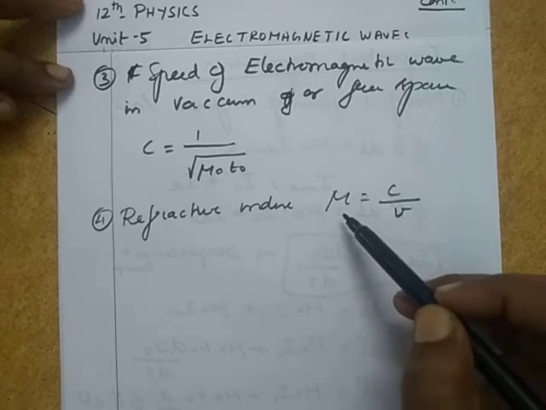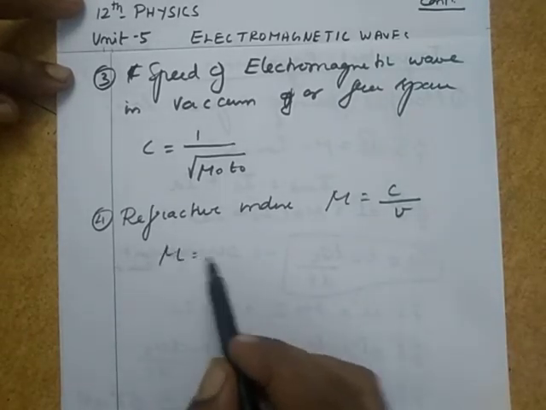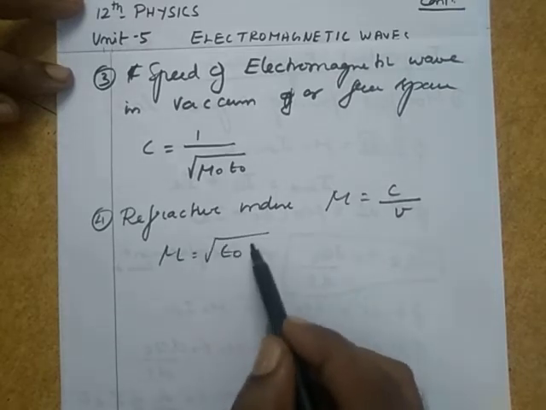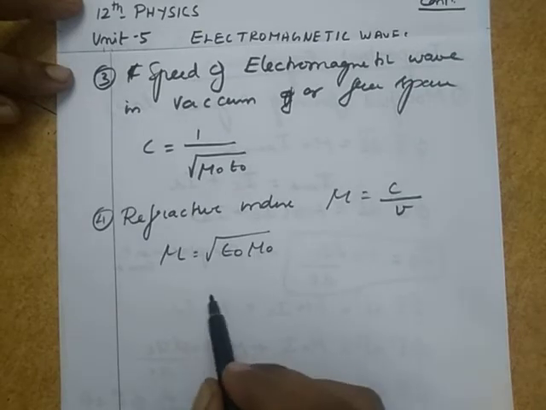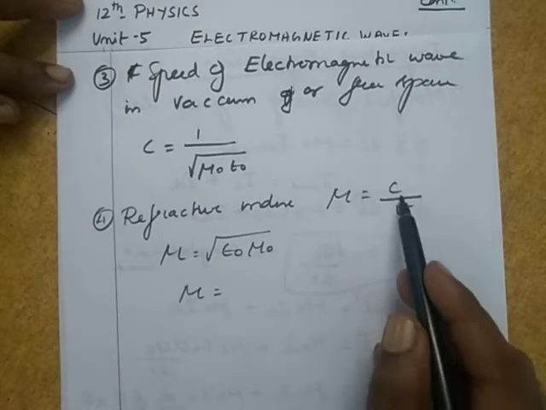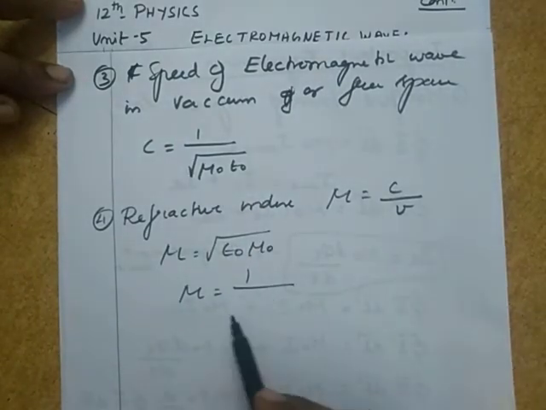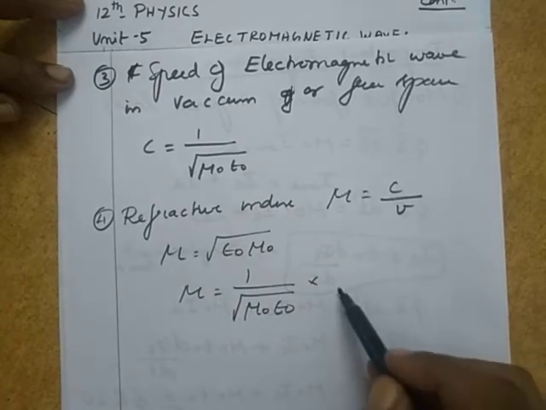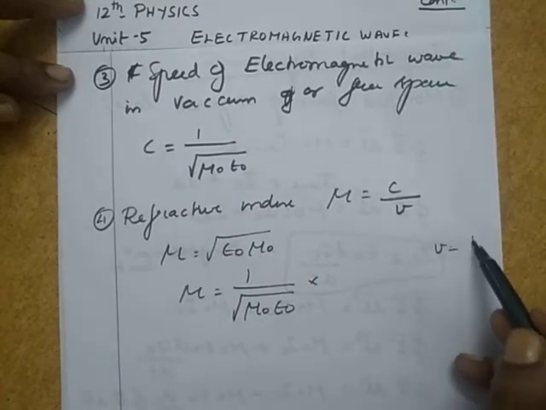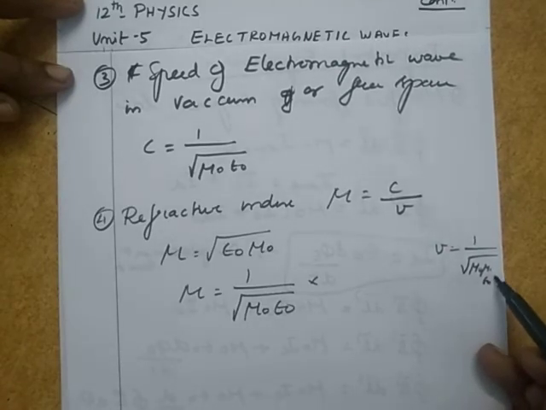We can also write mu equal to root of mu r epsilon r. This comes from C equal to 1 by root of mu naught epsilon naught, and V equal to 1 by root of mu naught mu r epsilon naught epsilon r.